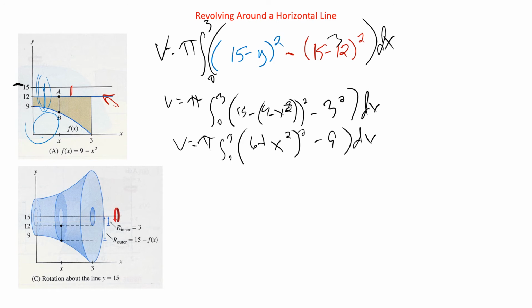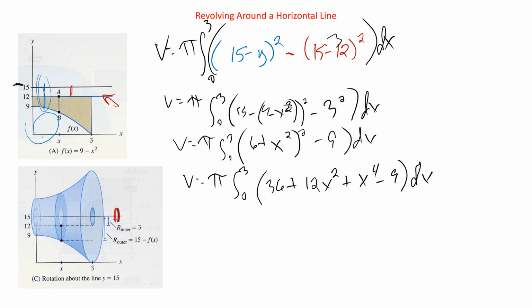There we go. Volume equals pi, 0 to 3. 6 squared will be 36, plus 6x squared plus 6x squared will be plus 12x squared, plus x to the 4th minus 9 dx. 36 minus 9 will combine to give us a 27.